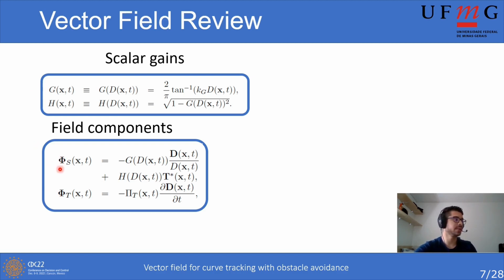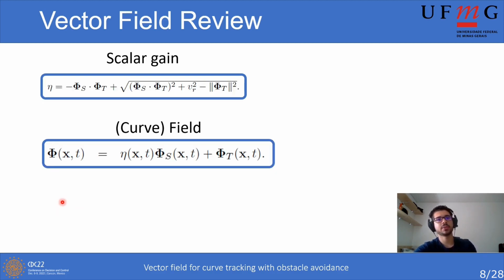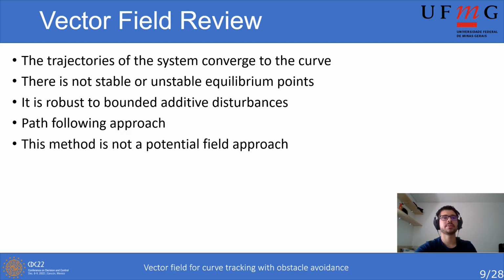The first one is a unit field that follows static curves, and the second is a feed-forward component to compensate the time variance that may exist. And finally, we add these two components, multiplying the first one by another gain to achieve constant norm as a predefined parameter.